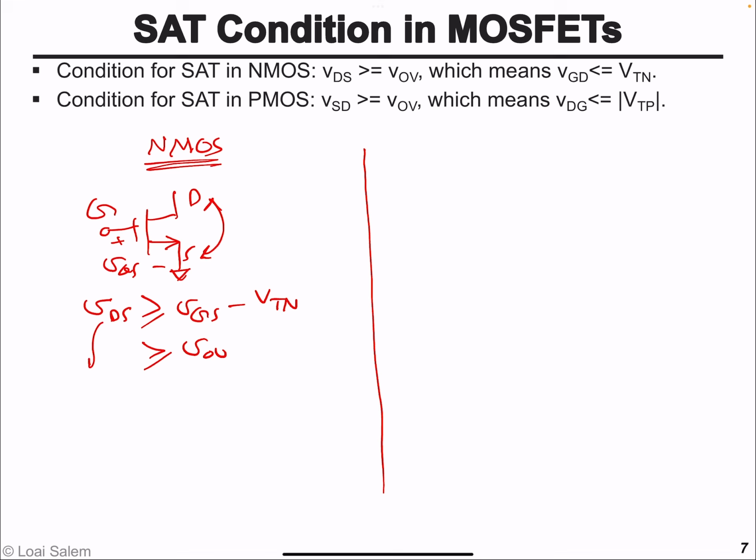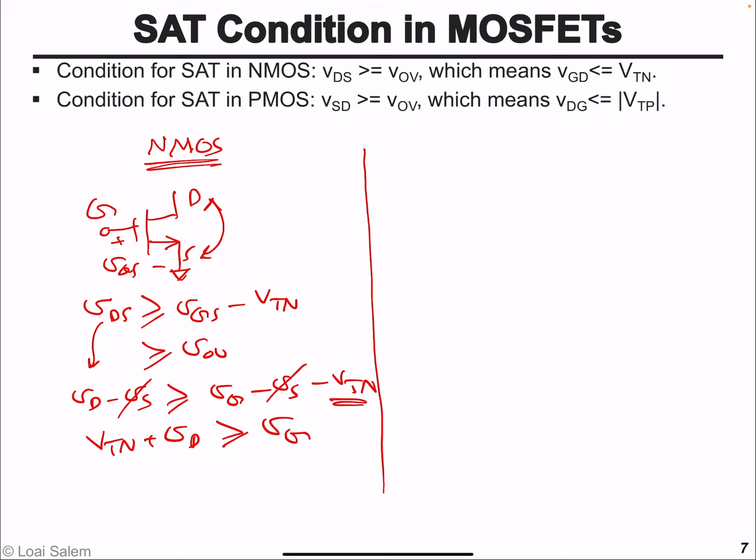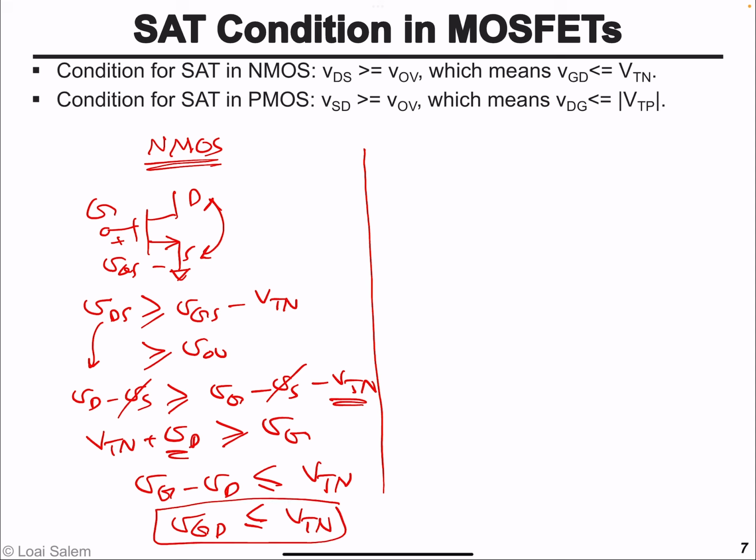If we expand this as the drain voltage minus the source voltage being larger than or equal to the gate voltage minus the source voltage minus VTN, we can cancel VS with VS. Moving VTN to the other side, we have VTN plus VD larger than or equal to VG, and then subtracting VD from both sides, VG minus VD is less than or equal to VTN, or basically VGD is less than or equal to VTN.